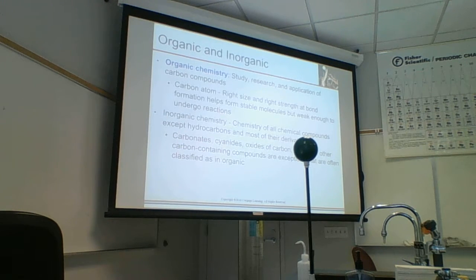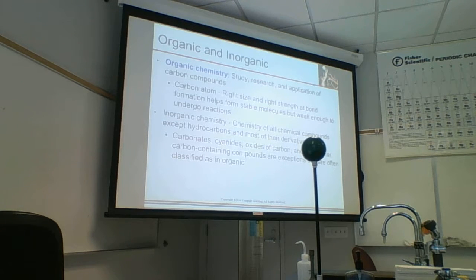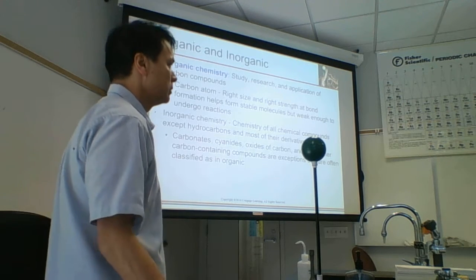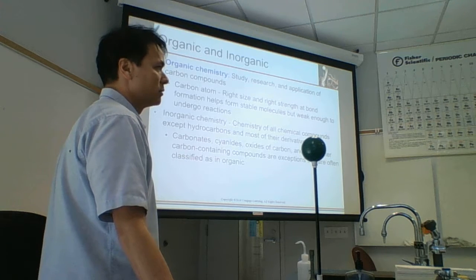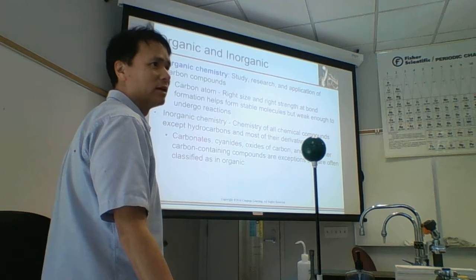And it's kind of weird because if you look at all the compounds that are known, and there are a lot of elements in the periodic table, but most of the compounds that are known are carbon-based compounds. I mean, if you look at it, there are millions upon millions of carbon-based organic molecules, and there are just hundreds of thousands of everything else.